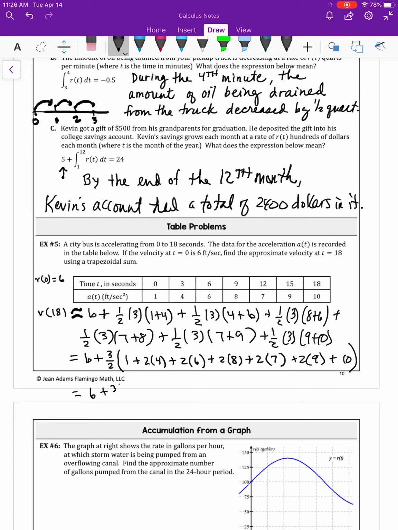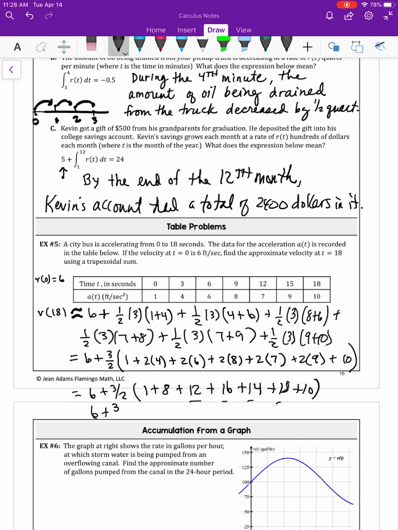The fifth one is twice. The sixth one is twice. And then the last one is once. Okay? And so this would be 6 plus 3/2 times 1 plus 8 plus 12 plus 16 plus 14 plus 18 plus 10.